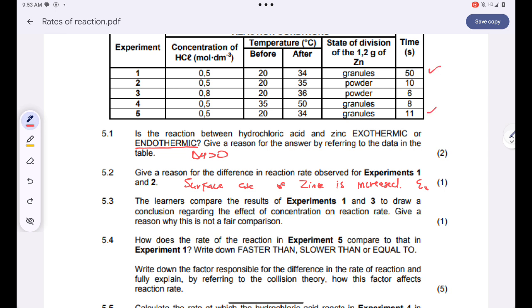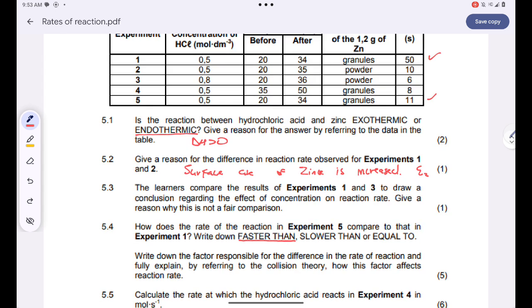So the rate of reaction in experiment 5 was faster than that of experiment 1. And then I must write down the factor responsible for the difference in the rates of reaction, and we must fully explain by referring to the collision theory.